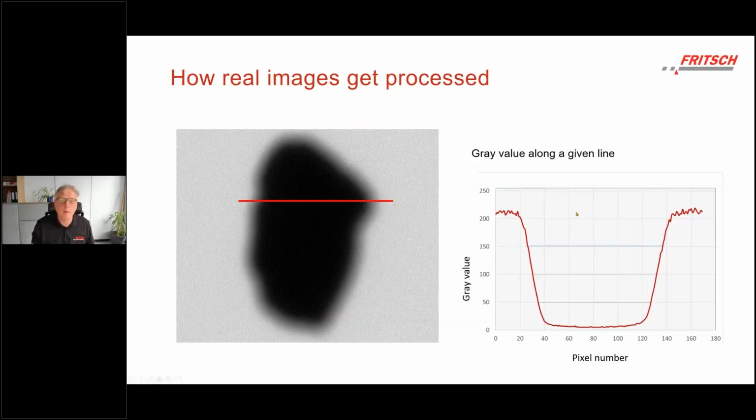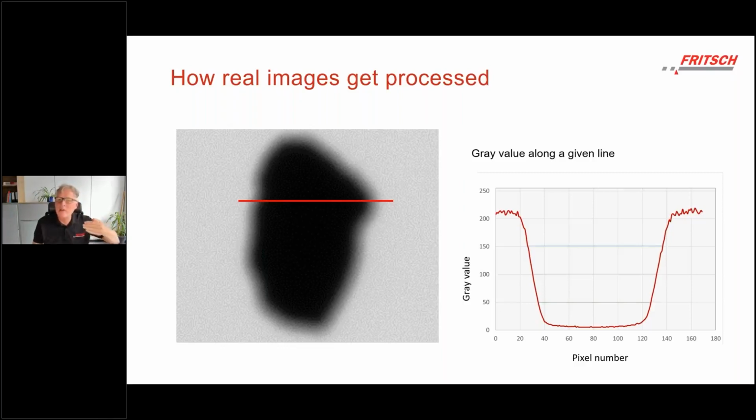So this is quite straightforward, but in reality, the images are not as nice as in the example shown before. This is a rather extreme example, but just for clarity, I have decided to choose a particle that is clearly out of focus. Each optical system, each lens, has something called depth of field. When your object is exactly in the center of your depth of field, you get a very crisp and very sharp image.